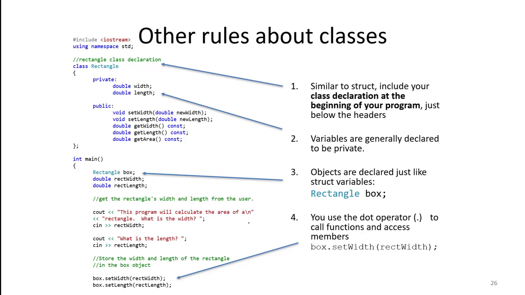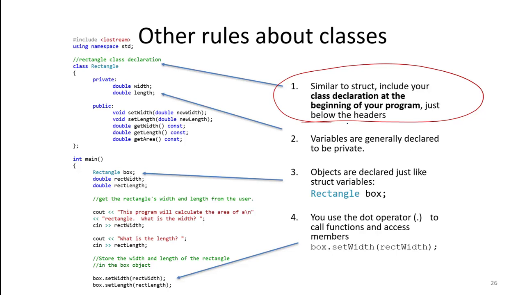First rule is very similar to structs. Typically, you need to include your class declaration at the beginning of your program, just underneath the class headers. And the reason for this is because, just like with the struct, we want that class to be available everywhere in our program. So if we declare it right in the beginning, then it's available to everything that comes after.